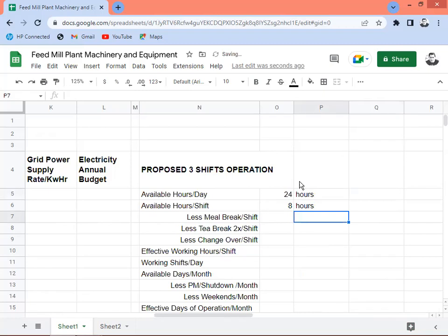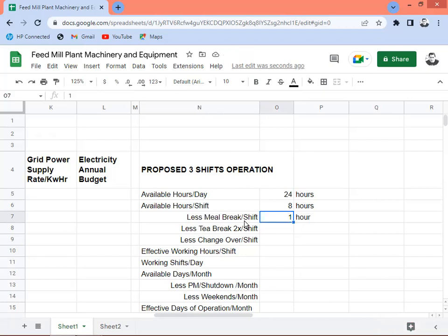Then we're going to deduct the meal break. We're providing a meal break per shift of 1 hour, so 1 hour per shift, which would be 3 hours in total because we have a three-shift operation of the feed mill plant.